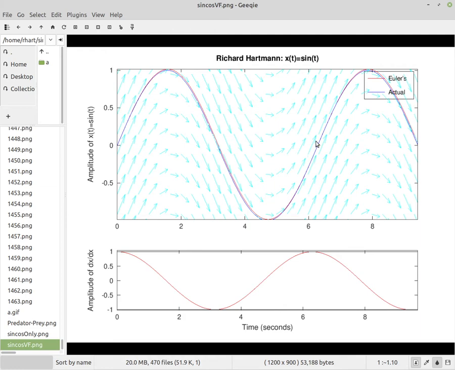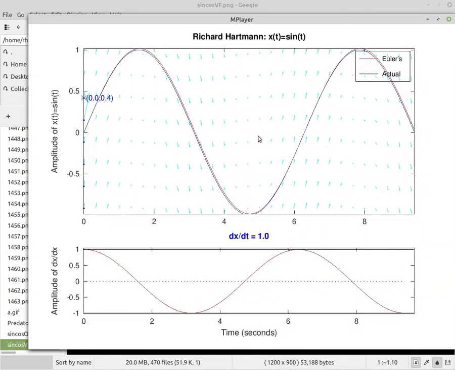So we want to plot this vector field. When we create a vector field, what we need to do is basically pick points all along this whole graph.